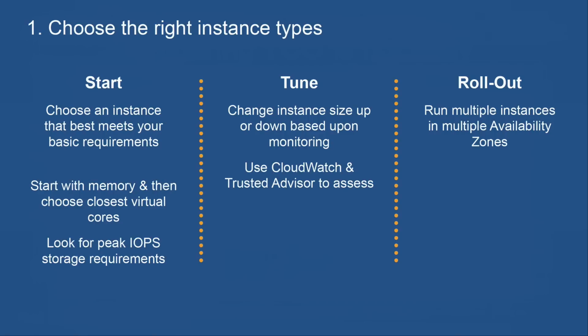And also to be aware of what your peak IOPS requirements are going to be for storage, and make sure that you're choosing an instance which has the capability to deliver those IOPS. So if that's an EBS optimized instance, or you're making use of the new general purpose SSD volumes, there's some techniques that you can use there for high performance workloads and also for cost optimization of storage intensive workloads, IO intensive workloads. So make sure that you're looking at those as aspects of your instance selection.